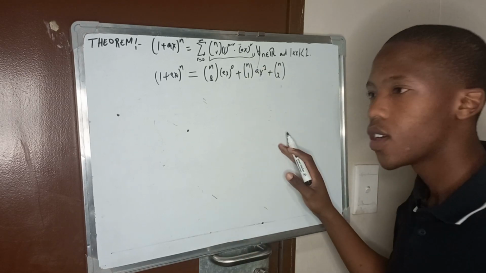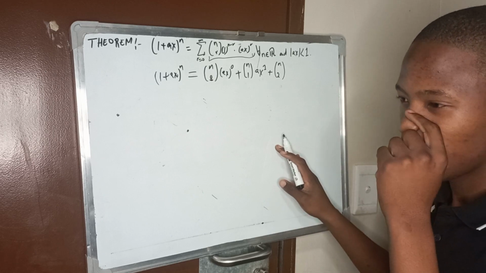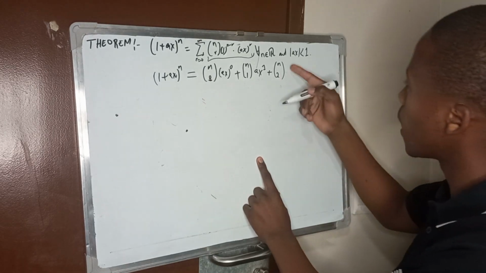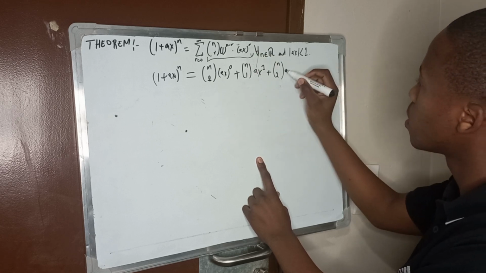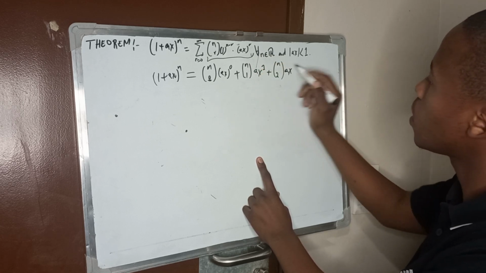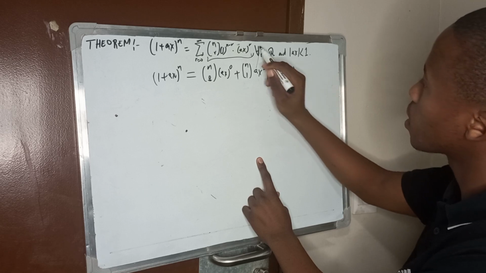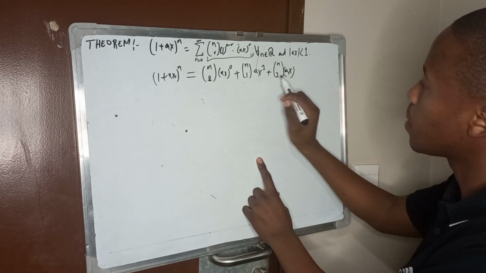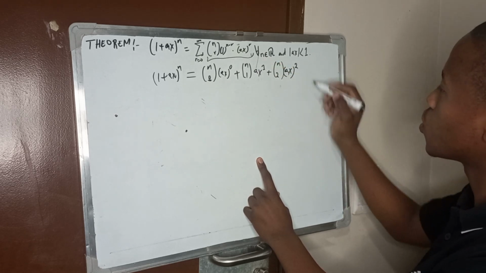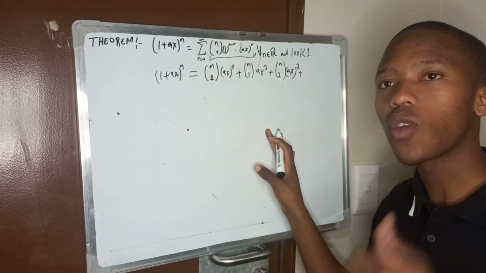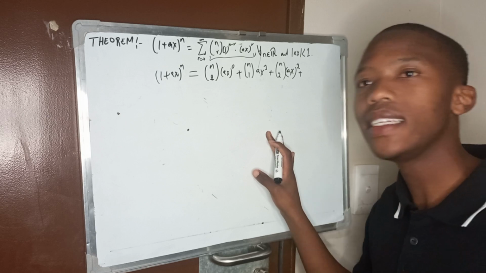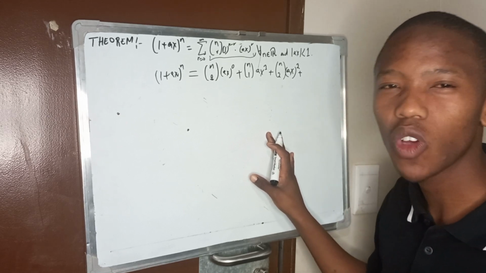So now if we can remember something, n choose 2, then I take this ax all raised to the power of r, but r in this case is equal to 2, plus I will list only the 4 terms because the question says list the first 4 terms of the binomial.